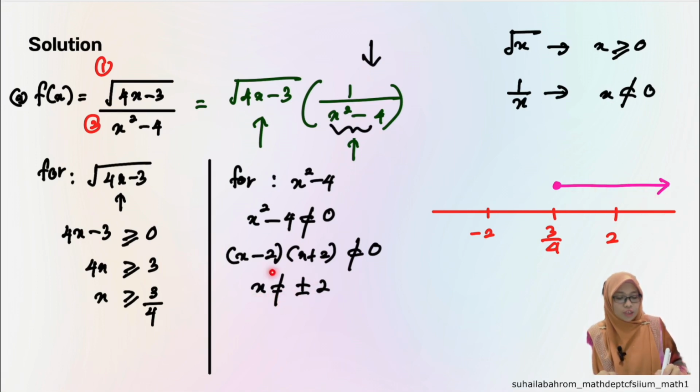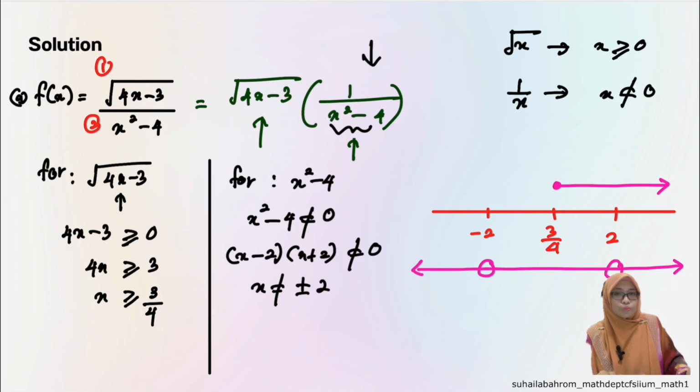The next one, x cannot be plus or minus 2. How can you draw the line graph? It can be all real numbers from negative infinity until infinity, but you have to exclude negative 2 and 2. So we put a hole at the values of negative 2 and 2, and you get this kind of line graph for the second term.